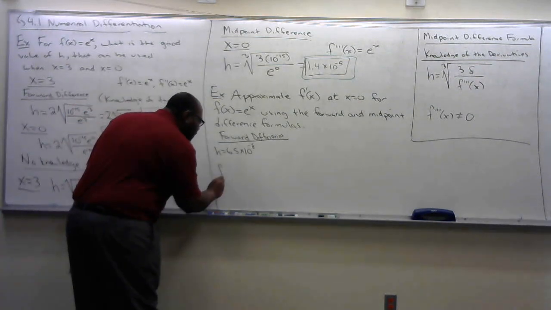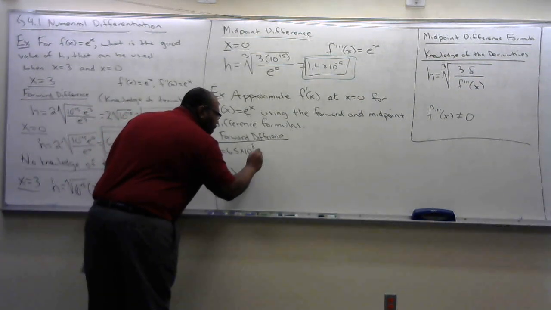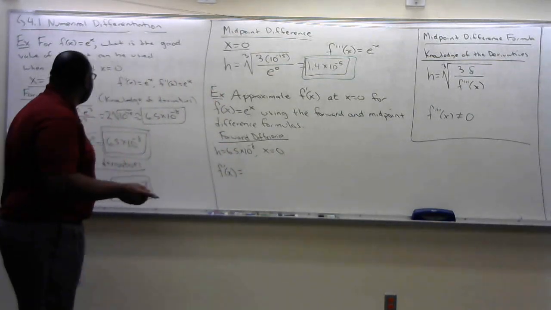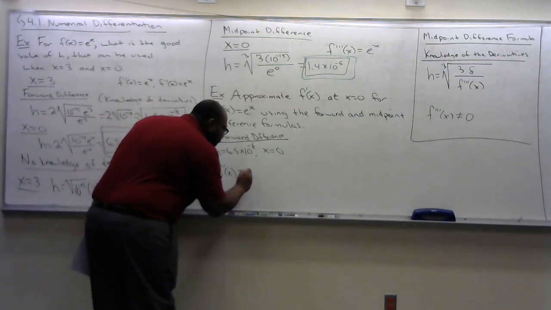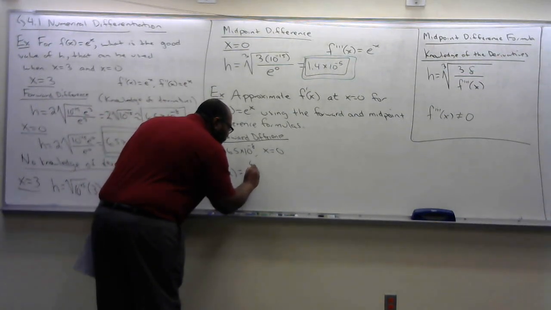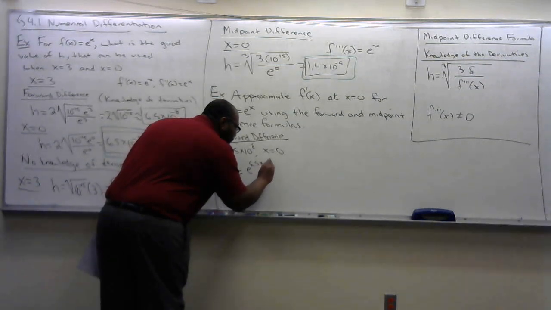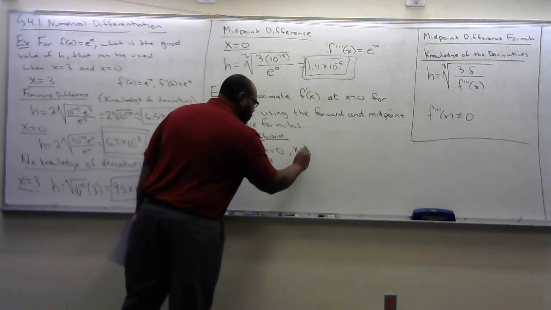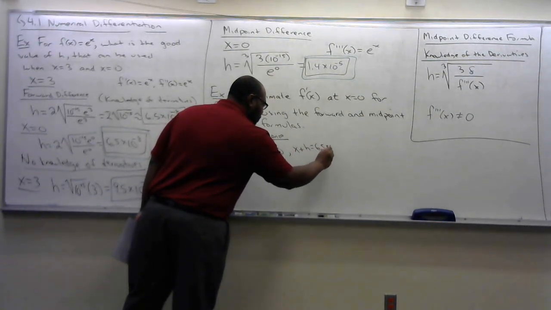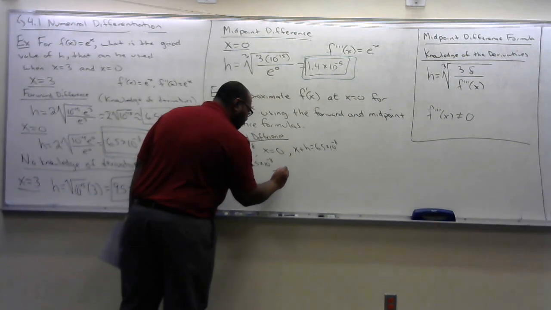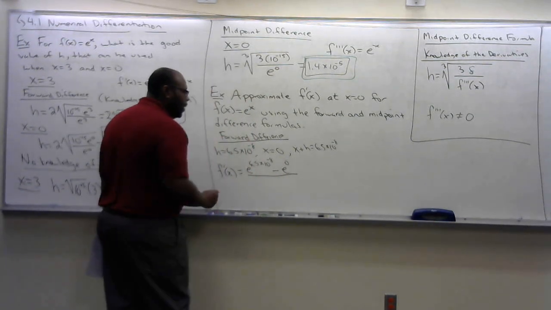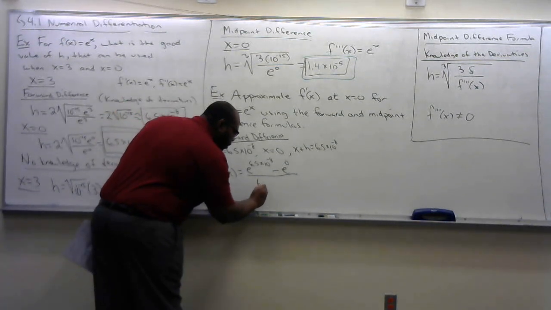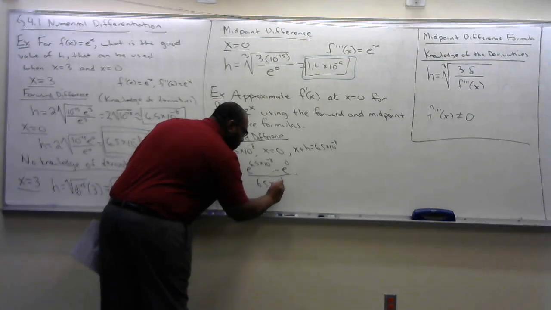And so my f prime of x, x is equal to 0, that's what we're doing, right? So my f prime of x is going to be f of x plus h, so it's going to be e to the 6.5 times 10 to the negative 8, because it's x plus h, minus e to the 0, that's f of x, divided by h, which is going to be at the bottom, 6.5 times 10 to the negative 8.